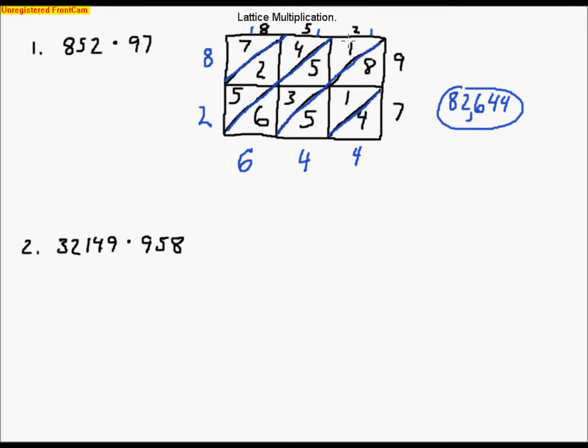Well, what's advantageous about this lattice method is that the numbers that you write when you do the multiplication are right next to one another. Otherwise, in the traditional method, you have to write down the 1's place, but then carry up the 10's place. And so this way, when you multiply, you don't have to carry up the number. You do have to carry when you add, but not when you multiply.